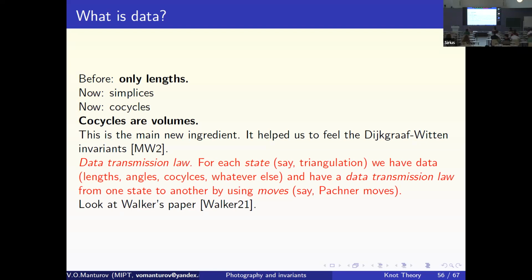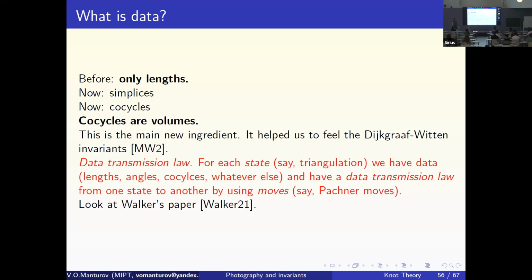And in some sense, de Graaff-Witten-like invariance, I don't want to say what it means, de Graaff-Witten-like, are a partial case of the photography method. And just recently, when we already posted our paper on the archive, Wang Jian drew my attention to a very nice paper by Kevin Walker.